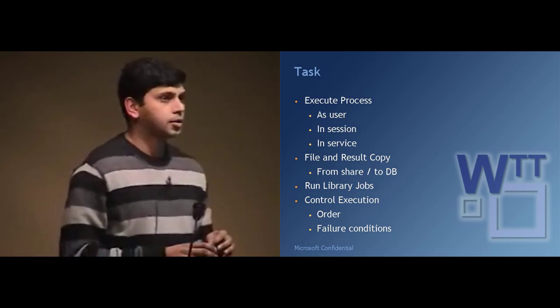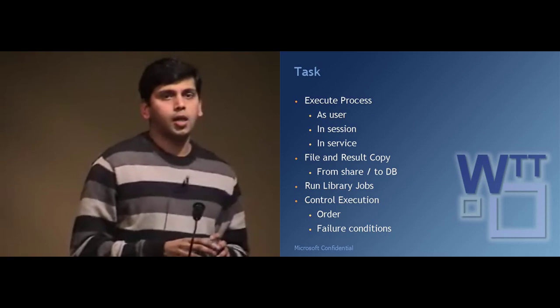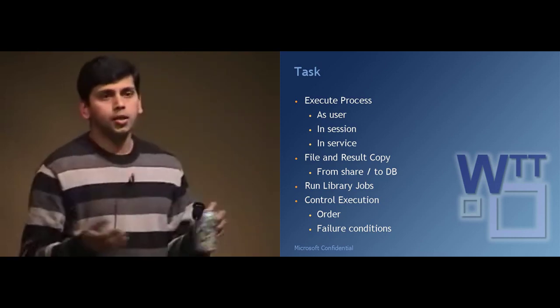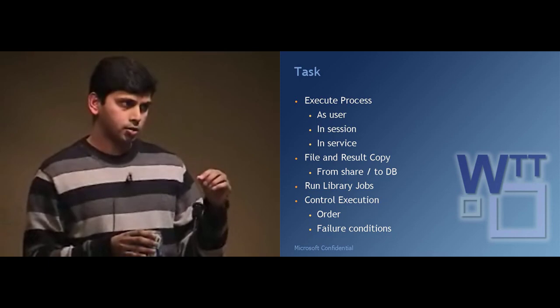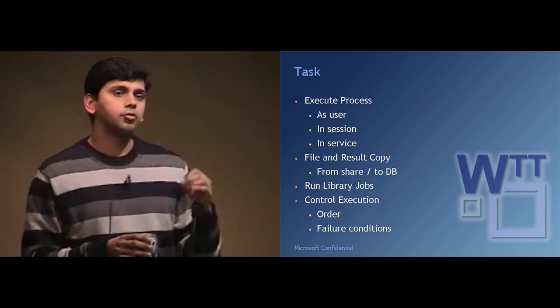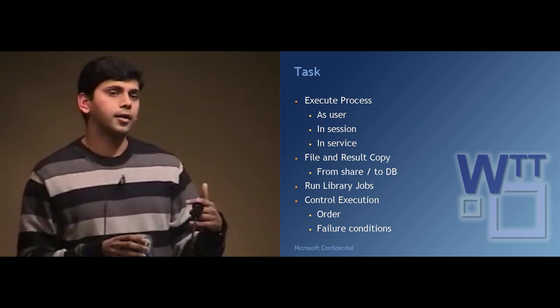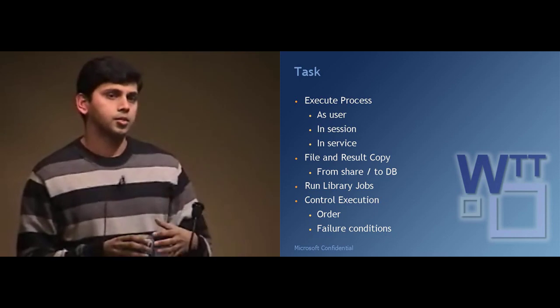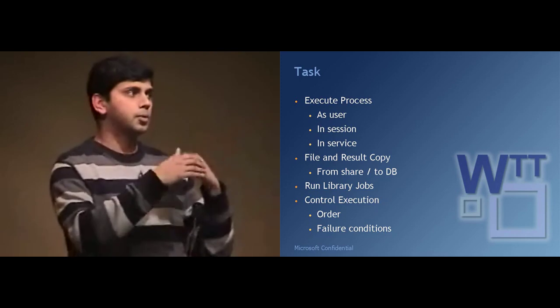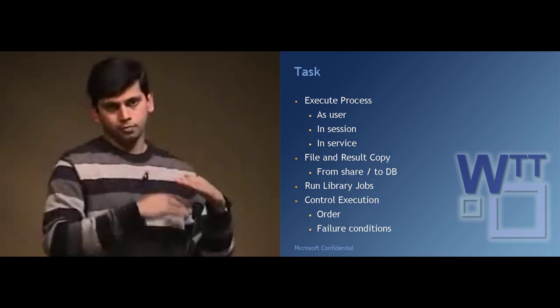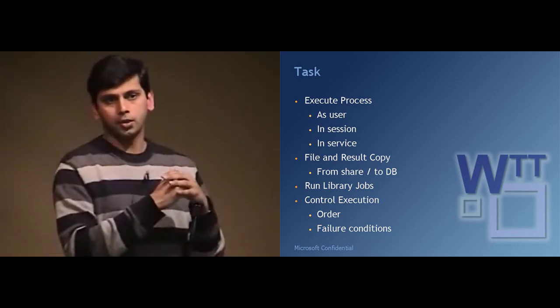One is task. Task you can imagine as an exe that you may want to run, or a batch file you may want to run. So it is a process that you want to start, and that is kind of atomic. When you define a job, you will actually be defining a lot of tasks that may have to be done.